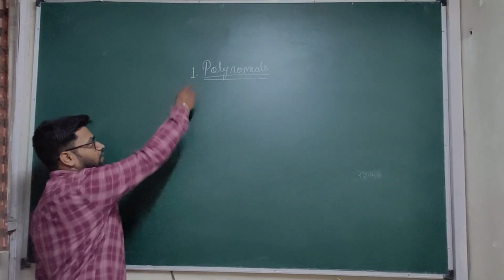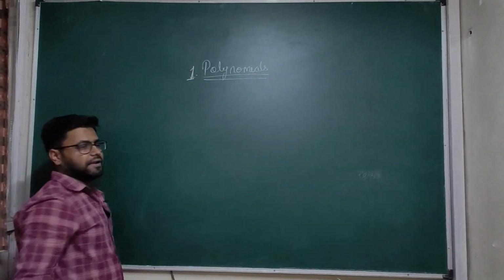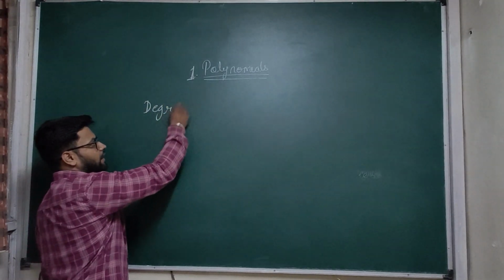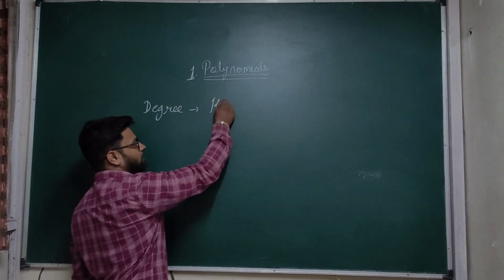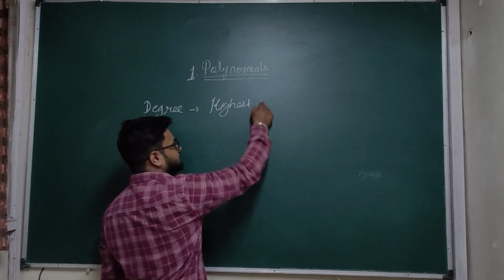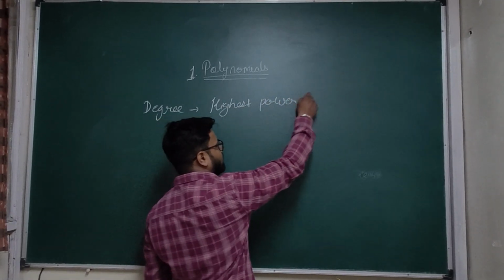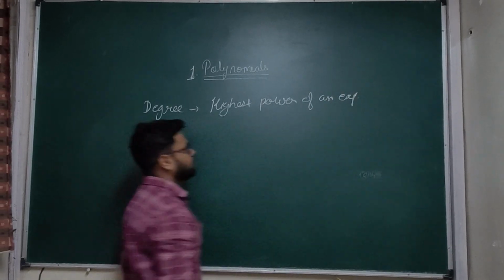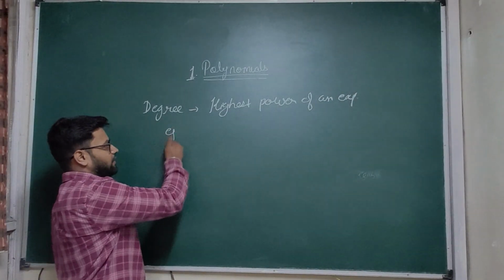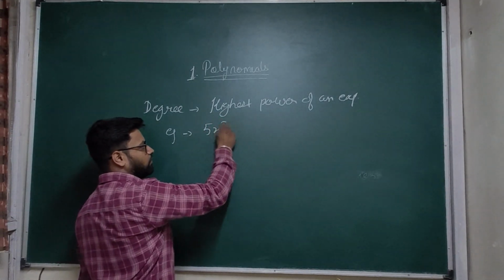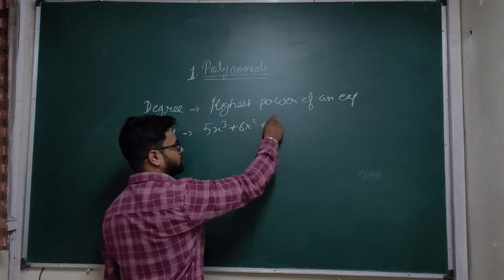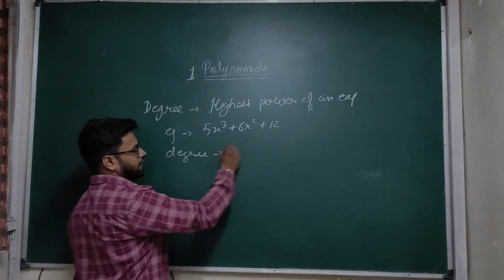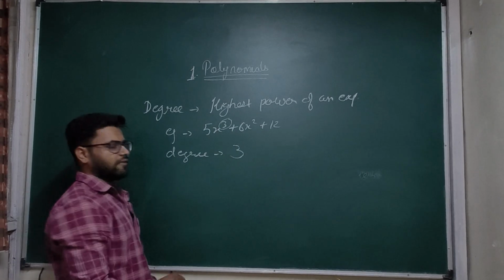Before that, some more introduction, like degree. Degree is the highest power of an expression. For example, if we write 5x cube plus 6x square plus 12, here the degree will be 3 because the highest power is 3.